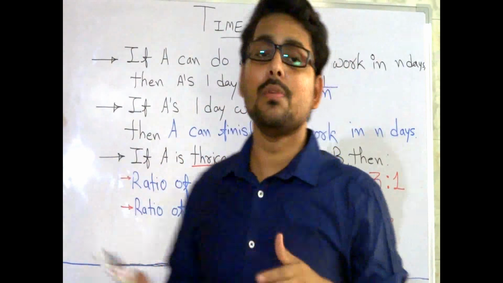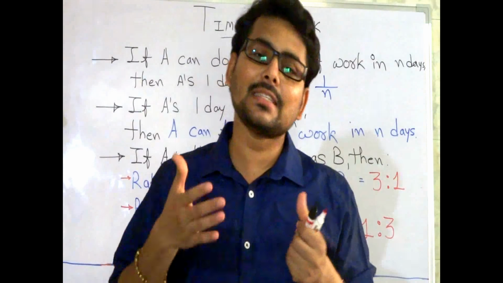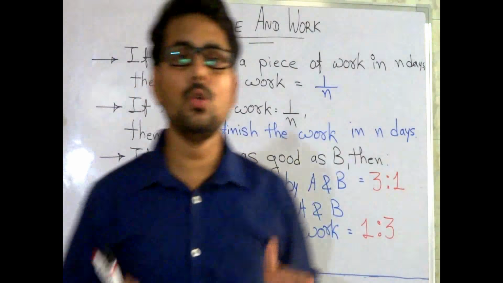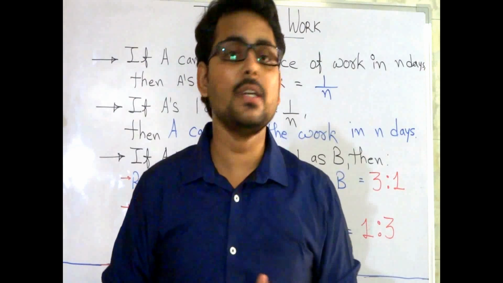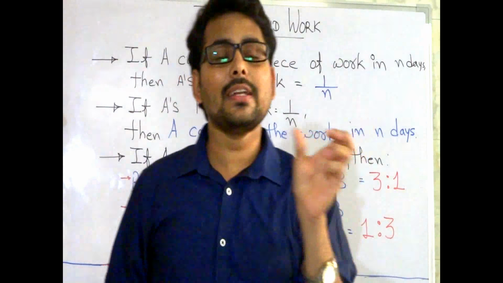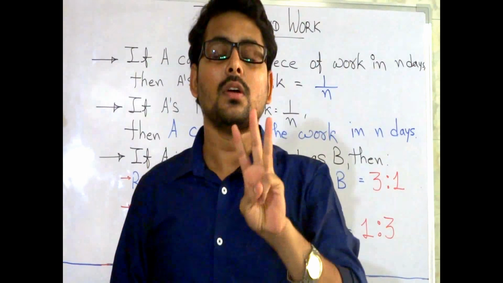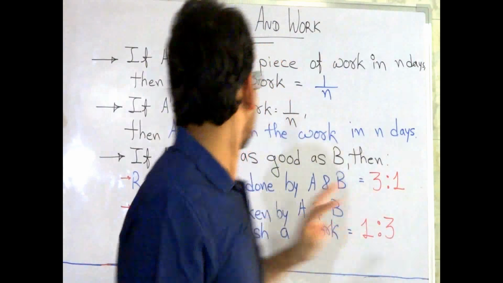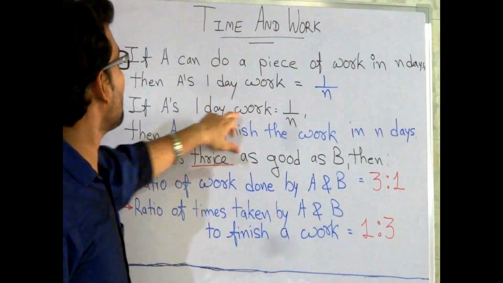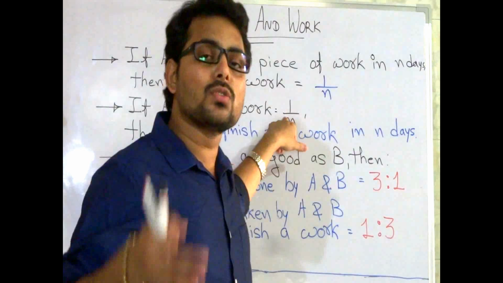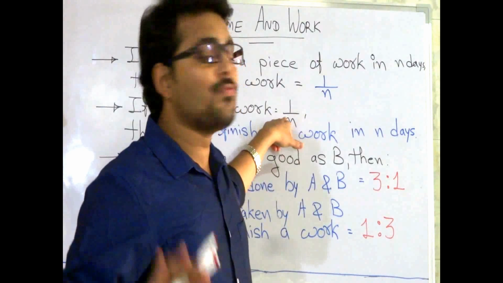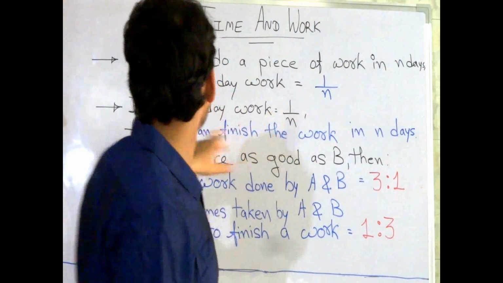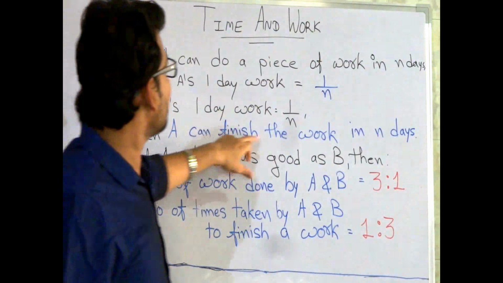These fundamentals will be very clear when we solve simple examples. Say the first example, what I have told you: total 9 chapters are there to read, and a student can read all 9 chapters in 3 days. If A's 1 day work is 1 by n, say our student can read 1 by 3 work in 1 day, then A can finish the work in n days.